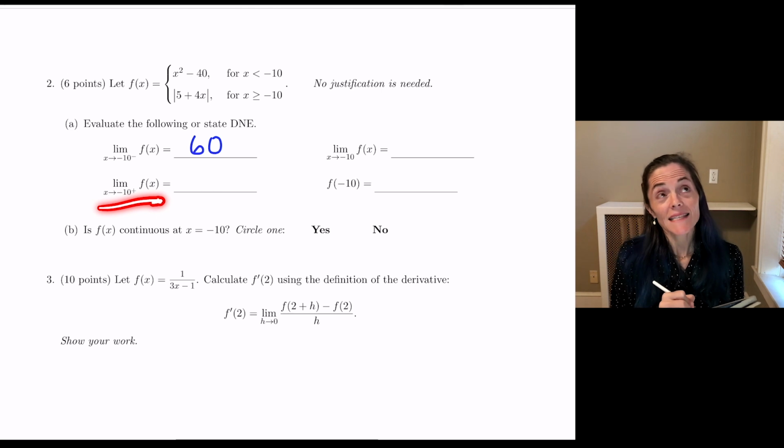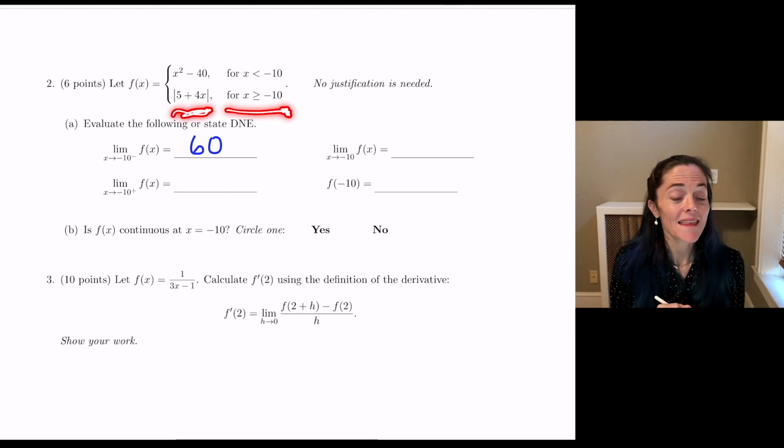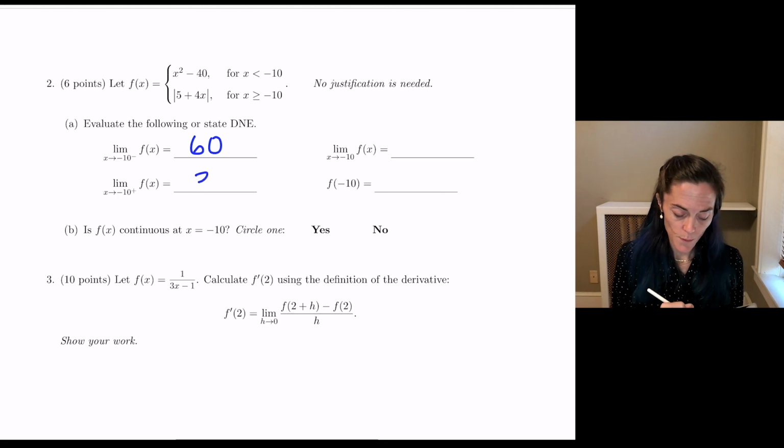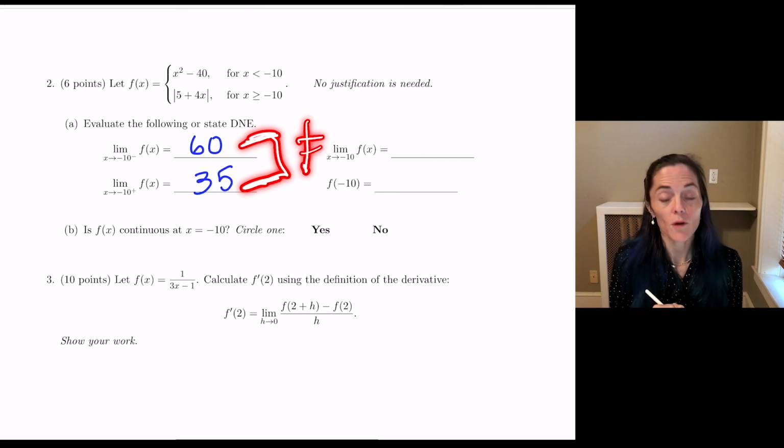The limit as x approaches minus 10 on the right, we use values bigger than minus 10 and approaching. We evaluate here. This will be the absolute value of negative 35. So this is positive 35. Now, the limit from the left does not equal the limit from the right.